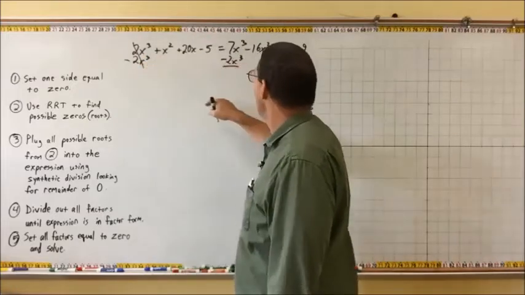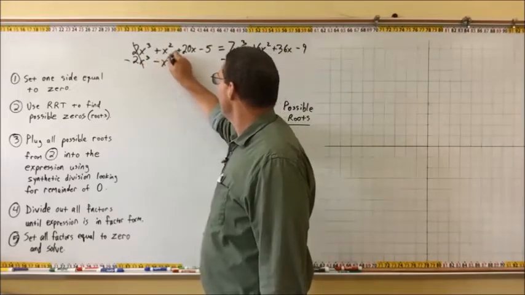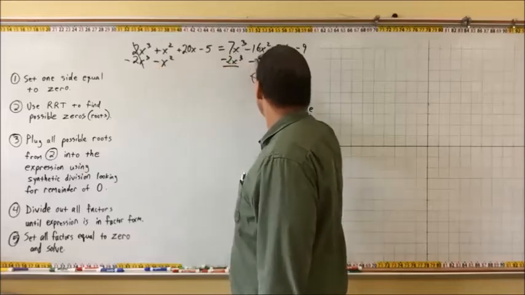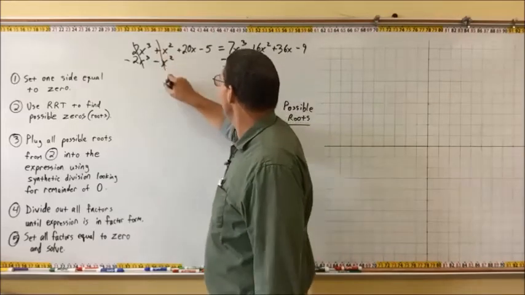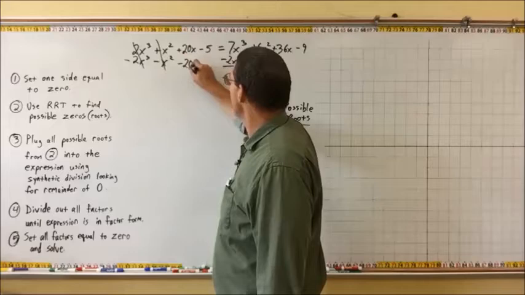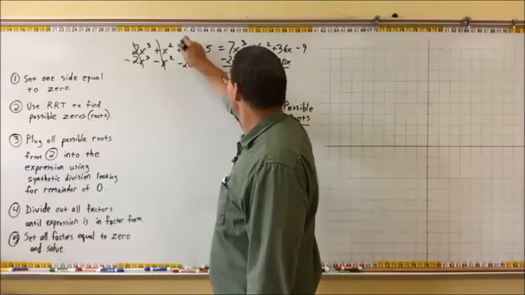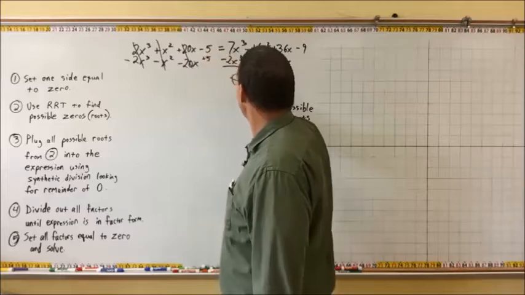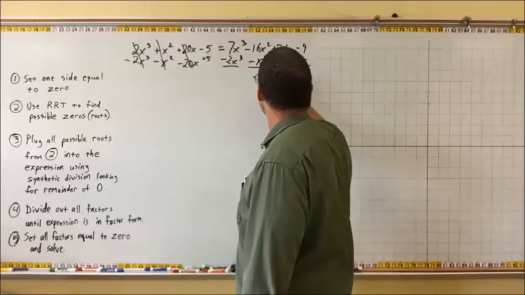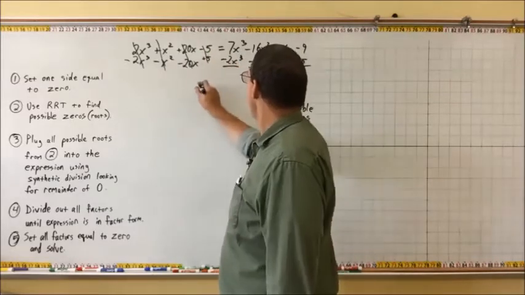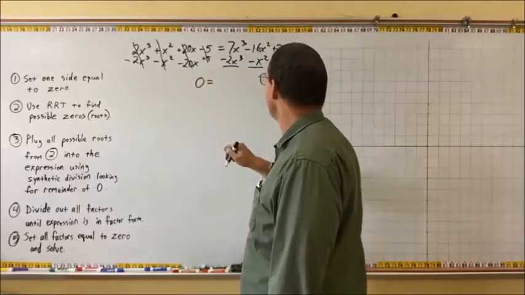Cancel. I'm going to subtract x squared here, subtract x squared here, cancel. Subtract 20x here, subtract 20x here, cancel. Add 5 here, add 5 here, cancel. This side becomes 0.